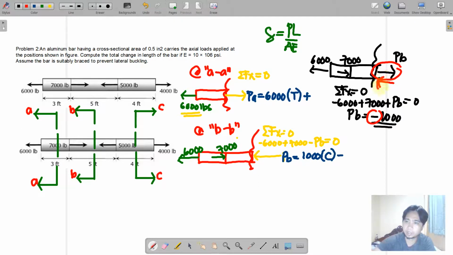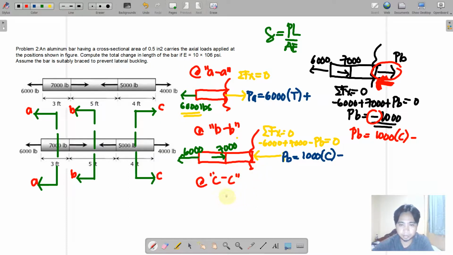Correcting that, we yield an arrowhead that is towards the body. So therefore, PB is equal to positive 1,000, but this should be in compression. And again, compression is denoted by a negative sign. So that's the procedure.